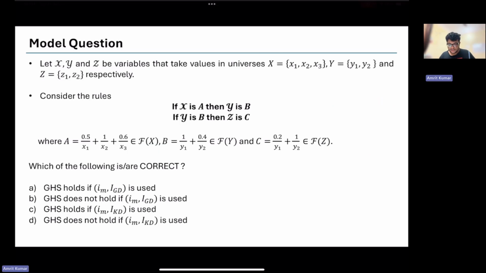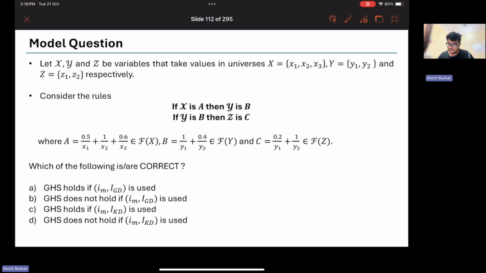Okay, so let us quickly do a problem based on this. We have three universes, X, Y, and Z. All three of them are finite, and you have two fuzzy if-then rules: if X is A, then Y is B, and if Y is B, then Z is C, where A, B, and C are given in this manner. We are required to check if GHS holds if minimum T-norm along with Gödel implication is used, and if minimum T-norm with Kleene-Dienes implication is used.